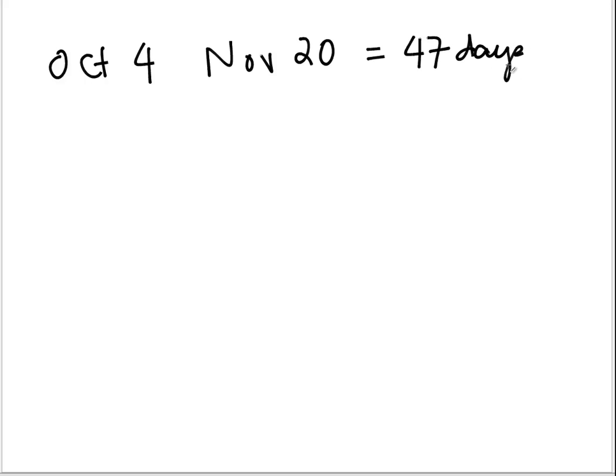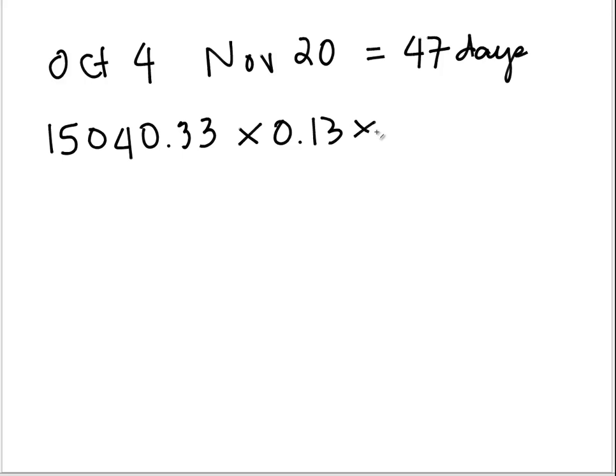For those 47 days, we have interest building up. So I take the balance that I now owe, multiply it by the interest rate, and multiply that by 47 out of 360 days. That gives me an interest amount of $255.27. This is how much interest has accumulated from October 4th until November 20th. On November 20th, I need to pay this loan in full.